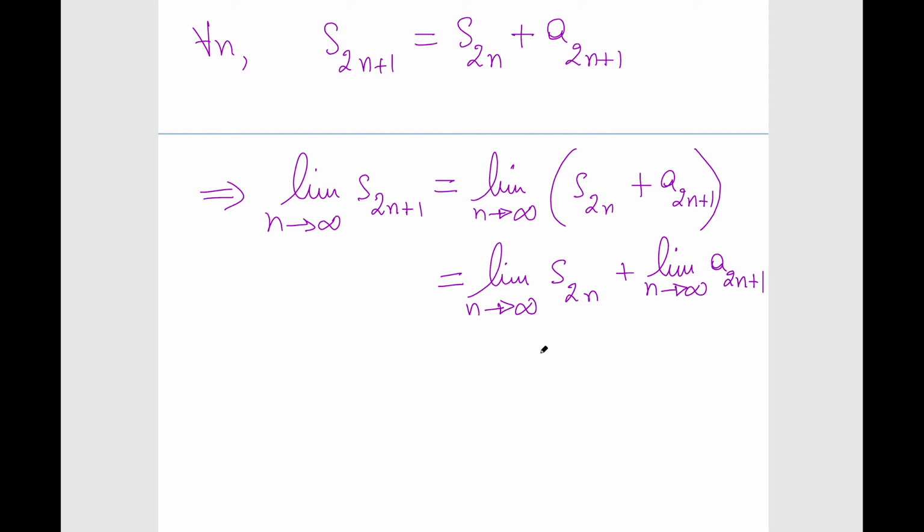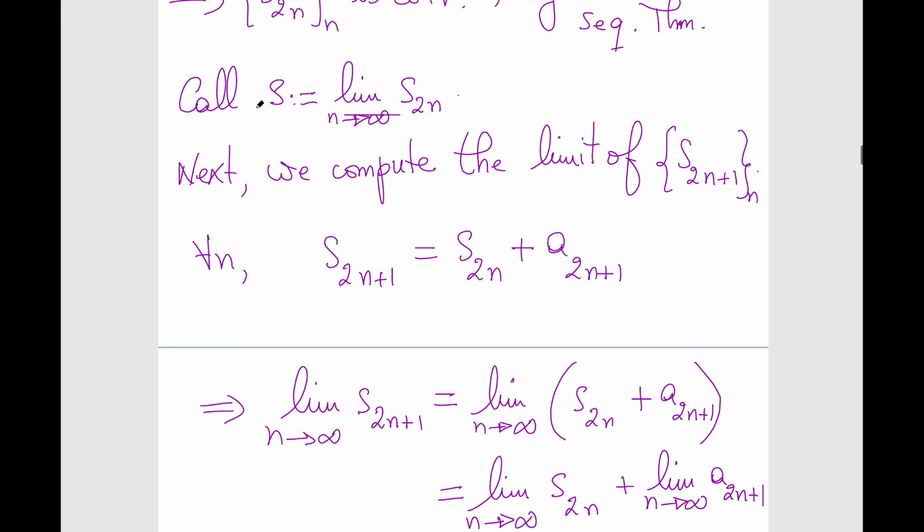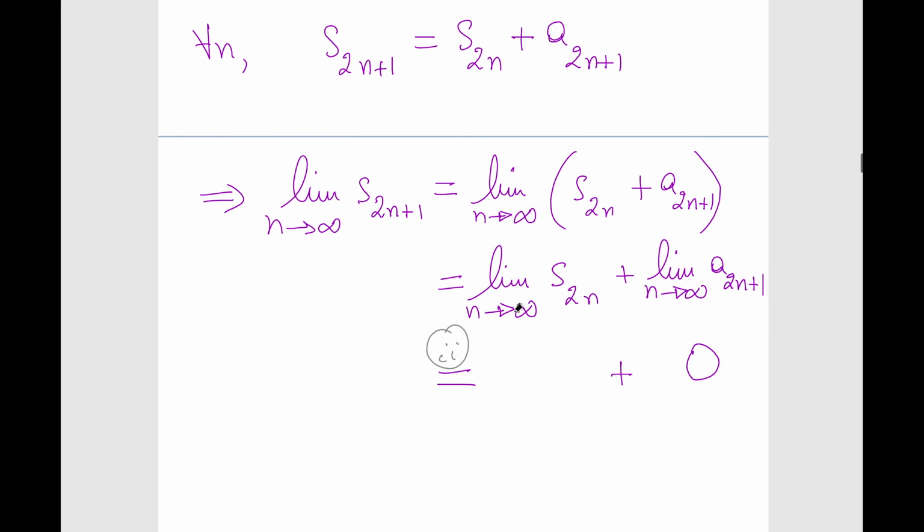Now by condition 2, as we just discussed, this is 0. And what's the limit of the even partial sums? We called it S, so this is S. So S plus 0 is S. So what did we show?